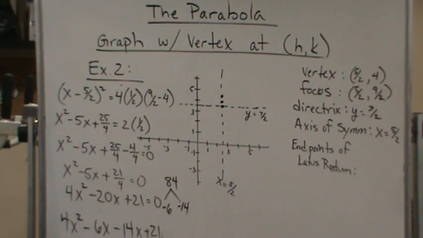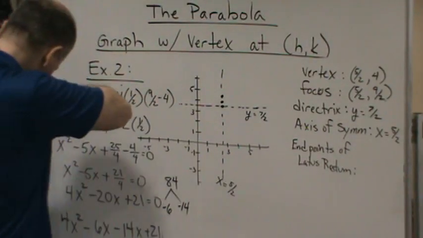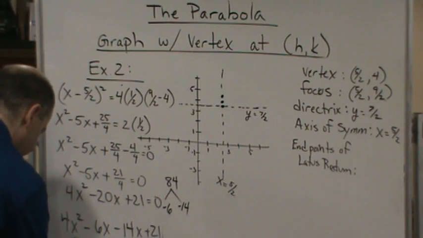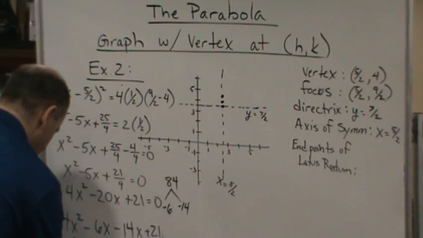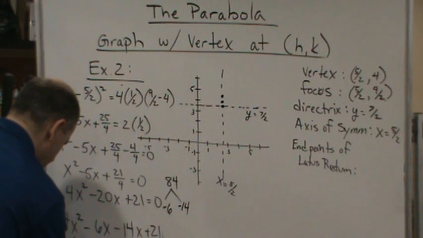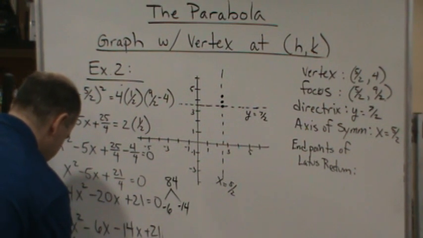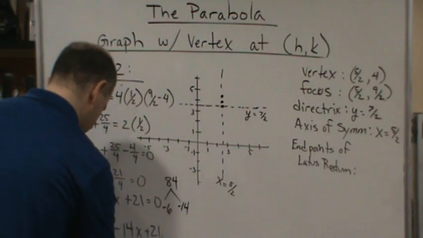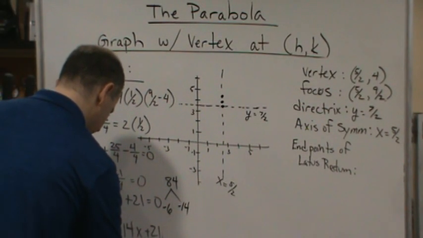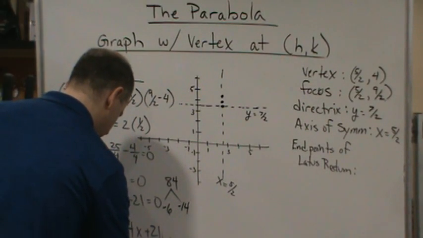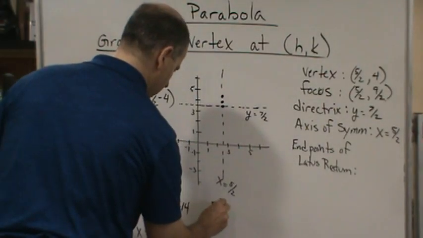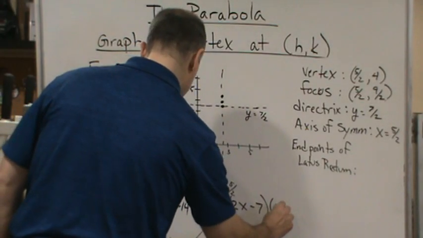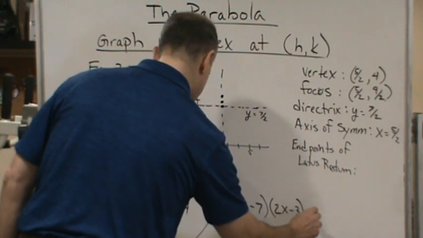Okay, now I'm going to group. I get 2 times 2x times 2x minus 3, minus 7 times the quantity 2x minus 3, and that gives me 2x minus 7 times 2x minus 3 is equal to 0.